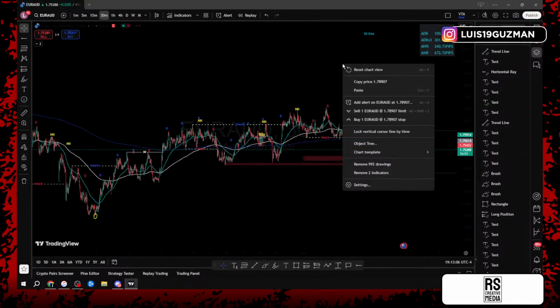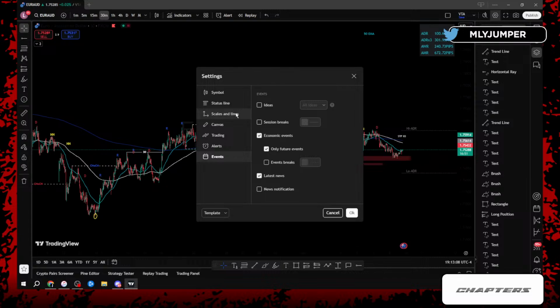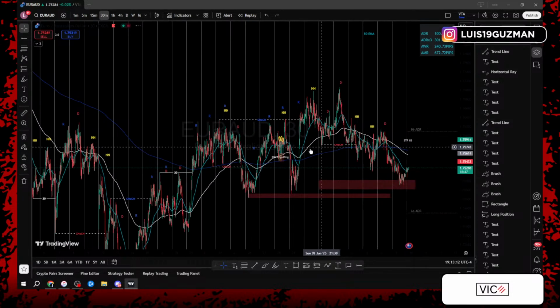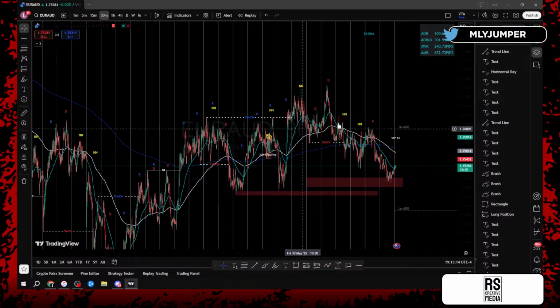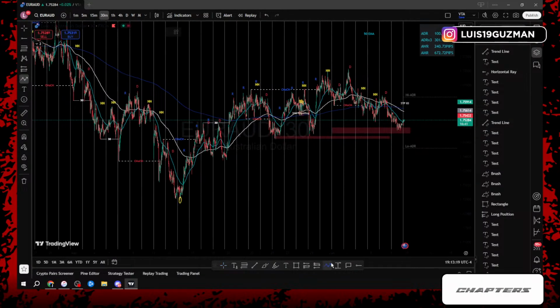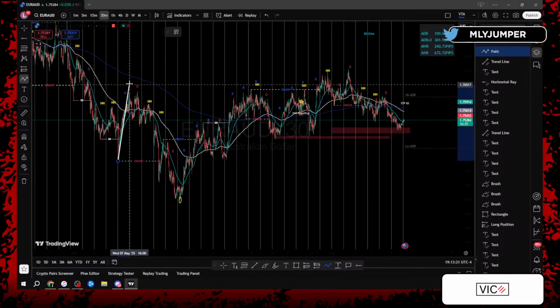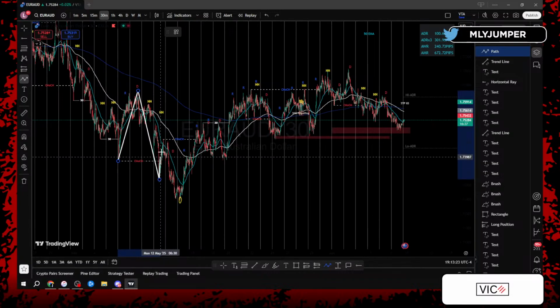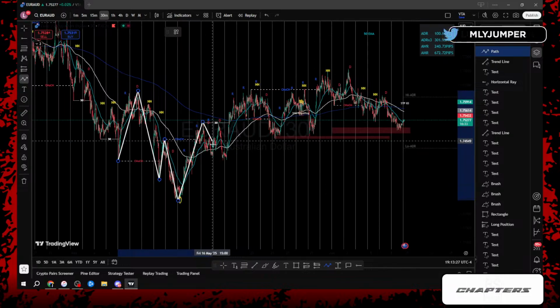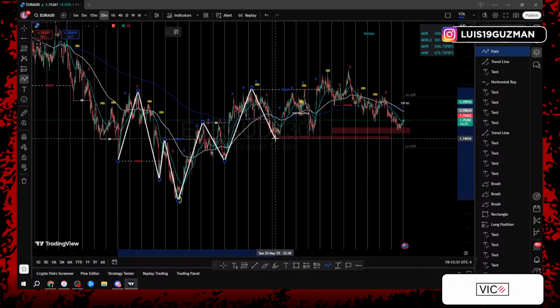Now, when we're looking at market structure, when you go to the 30-minute, what do we see? This is how I want to mark this up. This is what makes sense for me. Lower low, lower high, lower low, lower high, lower low, higher high change of character, higher low, higher high break of structure, higher low.